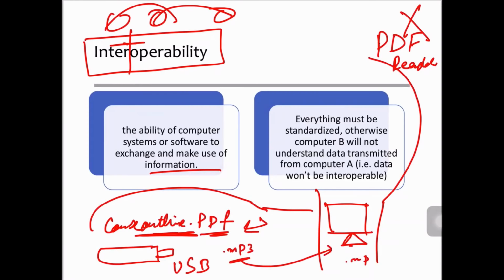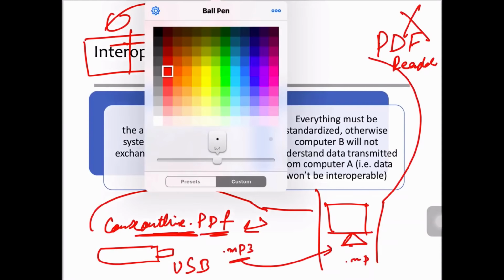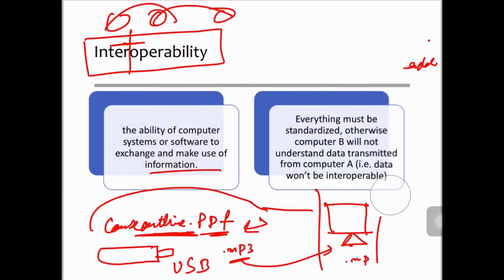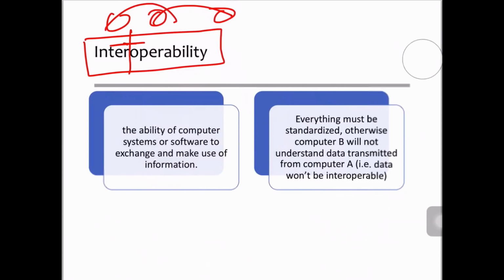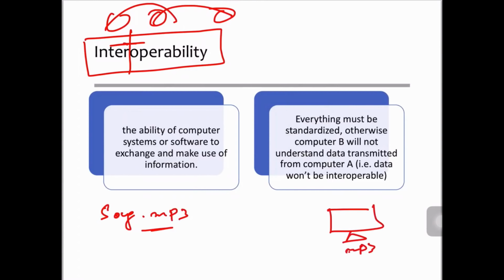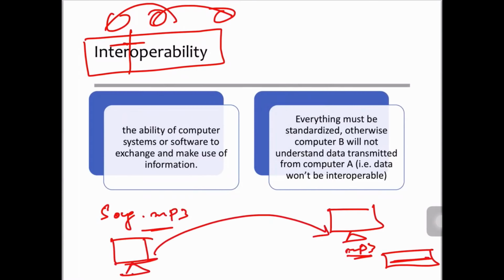Now consider that I gave you a song file with the .mp3 extension, and you have an MP3 player on your computer. You click on it and it starts playing. This file was generated on my computer, but you are able to play it on your computer.